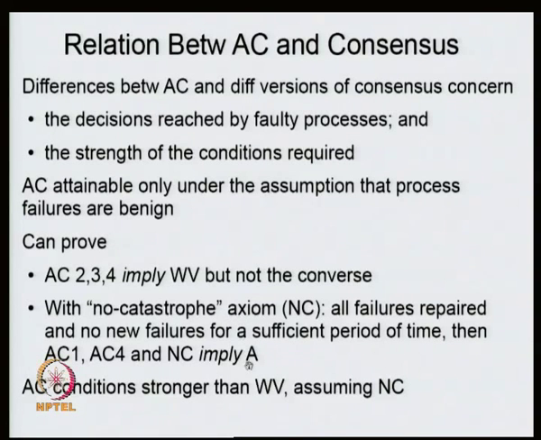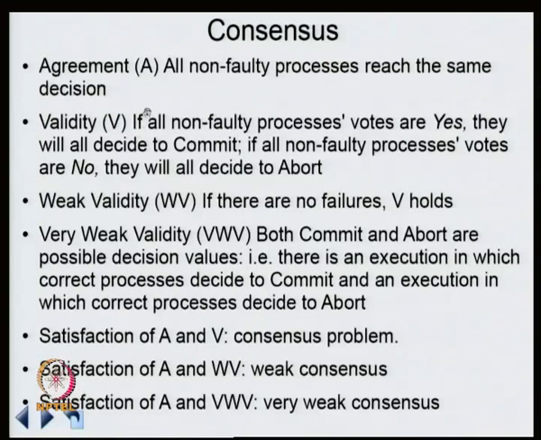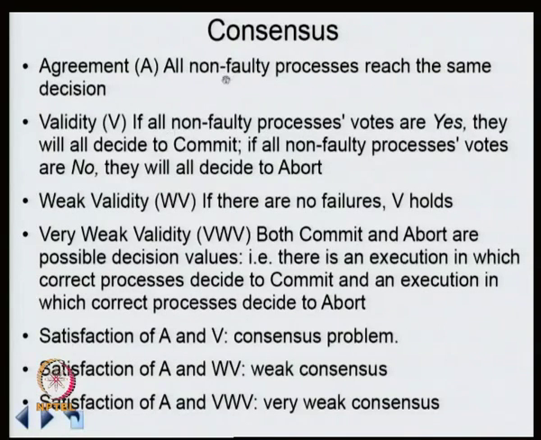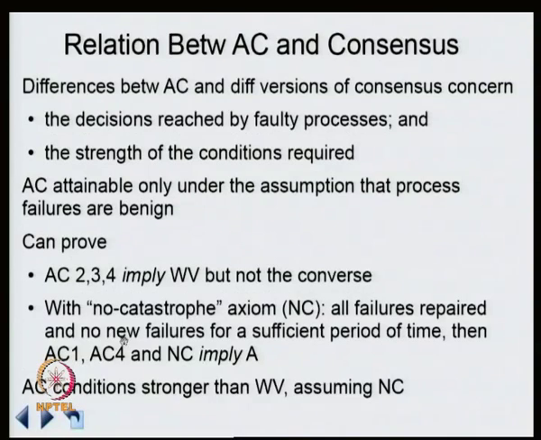If I have this part, then I can essentially get the agreement part, because I've added the fact that things stabilize, which is now available for consensus also. Therefore, it's possible for me to now say that AC1, AC4 and the fact that things stabilize after some period of time imply agreement. Okay.